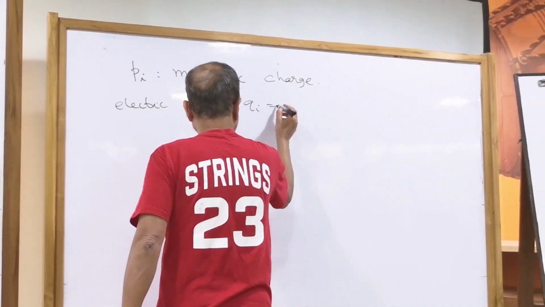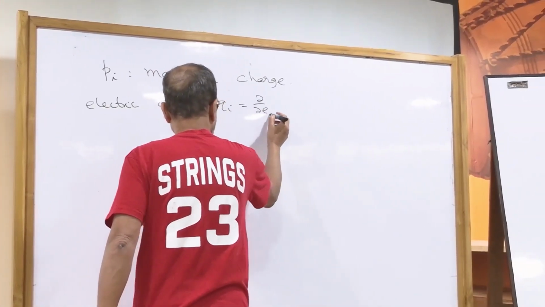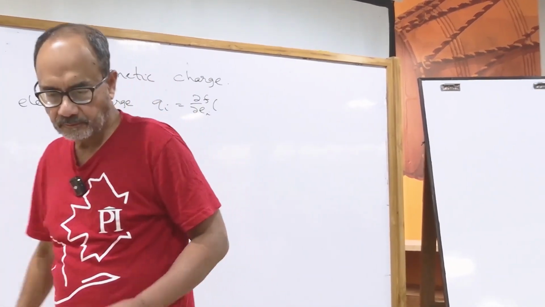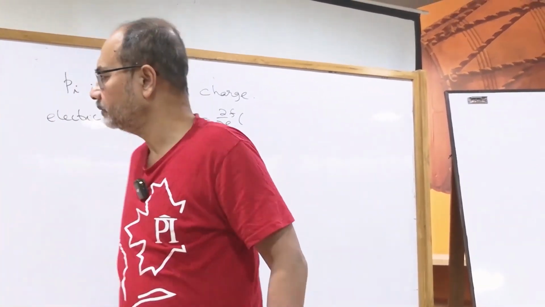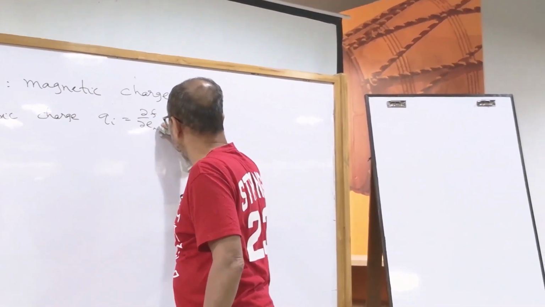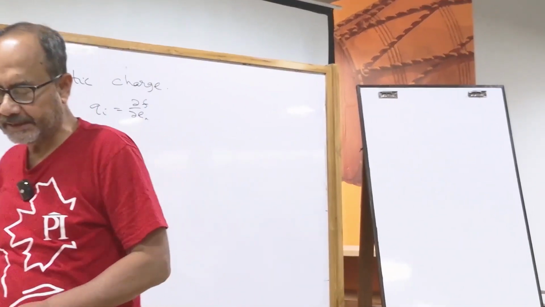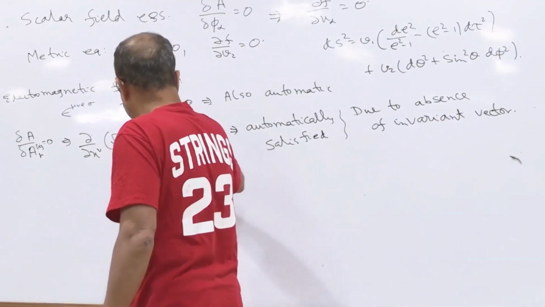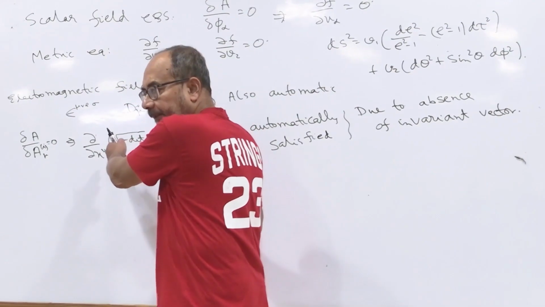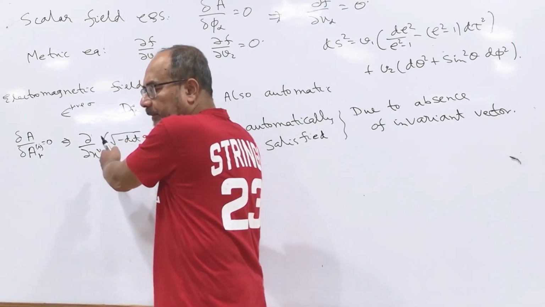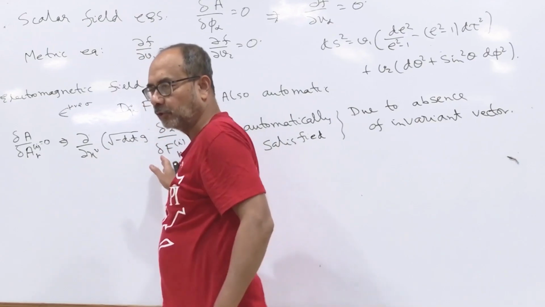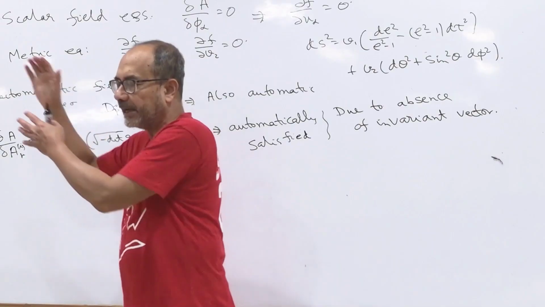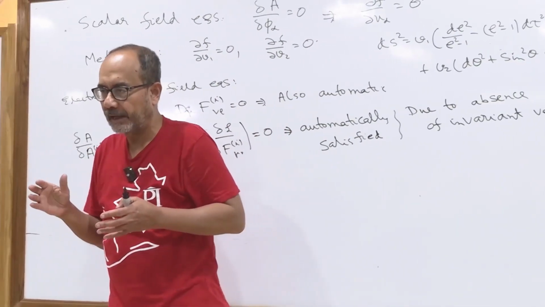QI is del F by del EI. Basically that is a consequence of this conservation law. This is telling us that this combination is independent of the radial coordinate. This is the equation of motion. So this combination calculated at infinity is the same as calculated on the horizon.